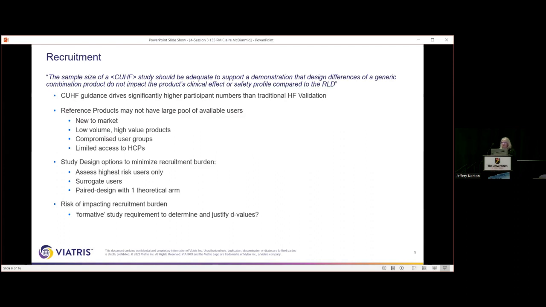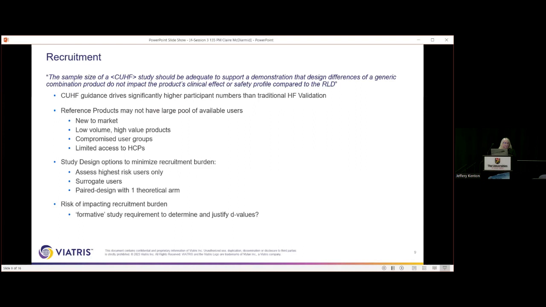This has an opportunity to reduce not necessarily your participant numbers, but other resources in terms of time, in terms of product, and will overcome accessibility issues with regards to the reference product, again, enabling us to progress through to the approval of a generic product as efficiently as possible.